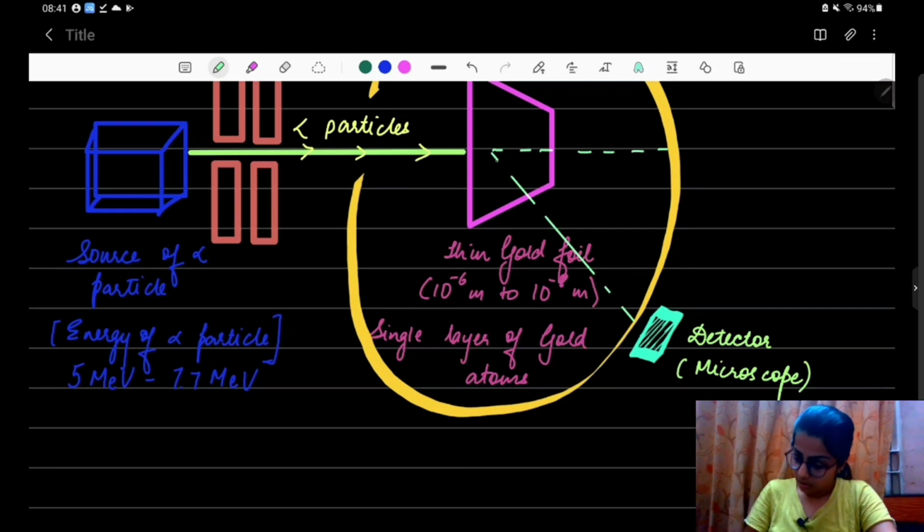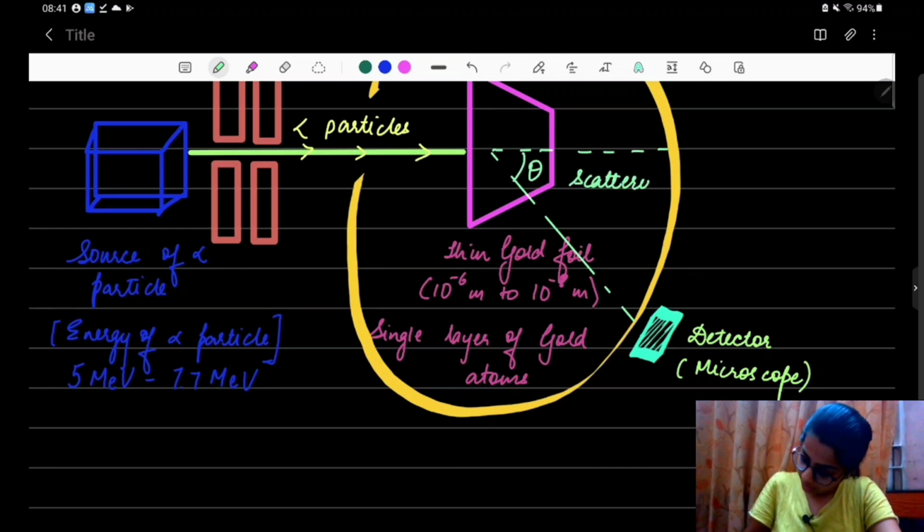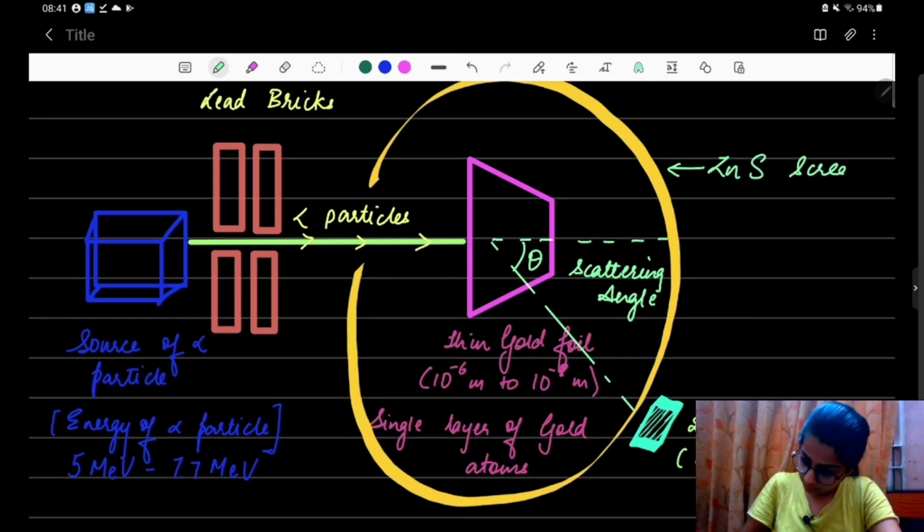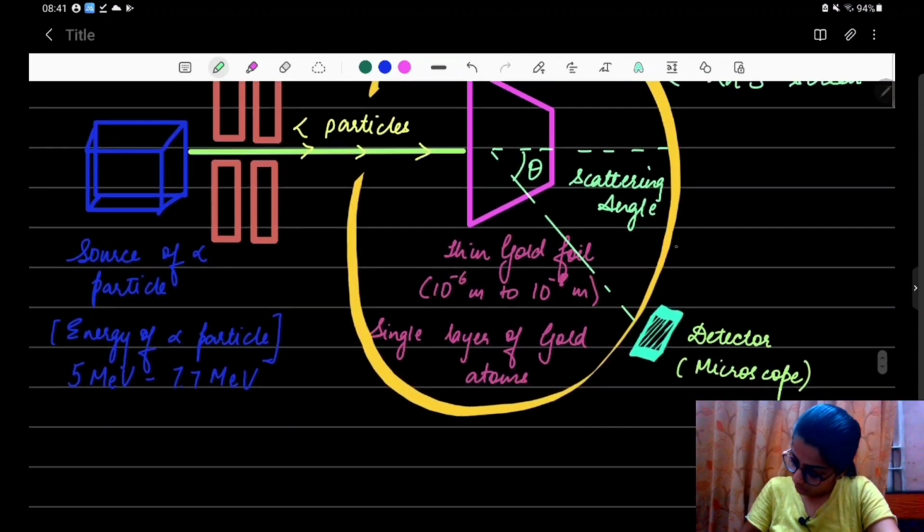So this is the scattering angle theta, or you can say deflection angle. At what angle was the alpha particle detected? This is a ZnS screen. Here, at this place, there will be a light flash which will be detected with the help of the detector.